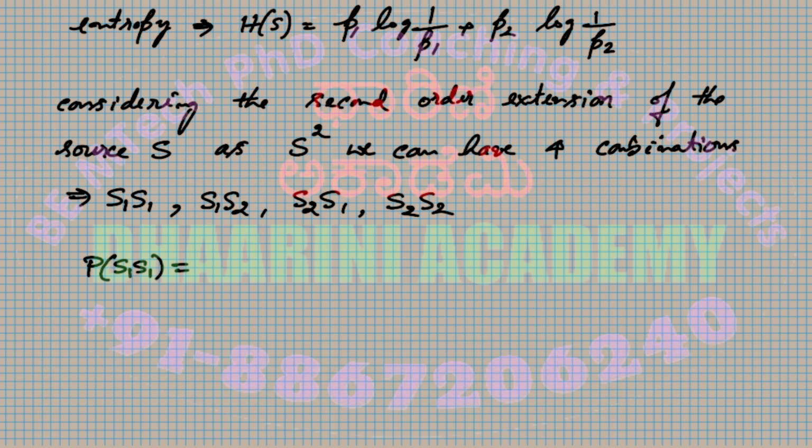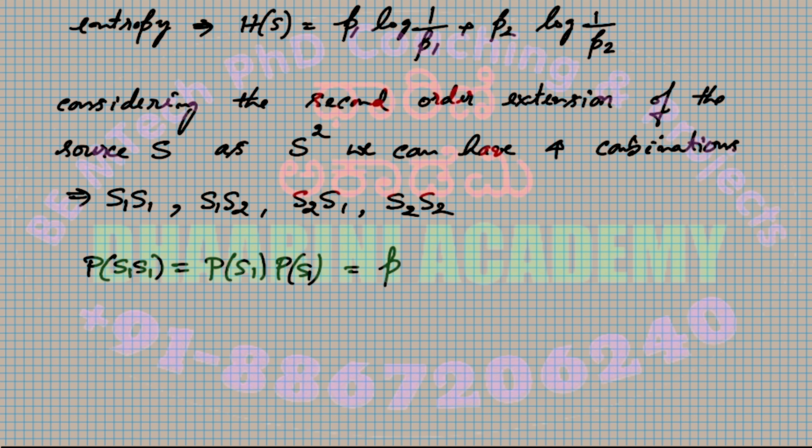Recall from probability that if you have two events, emitting S1 followed by another S1, and the two events are independent, then the overall probability of both events occurring one after the other is simply the probability of S1 times the probability of S1. That is P1 times P1, so I can write it as P1 squared.